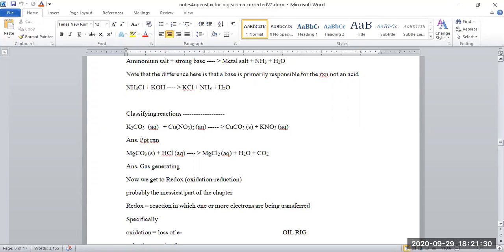So if you take the tablespoon of the magnesium carbonate, it turns into carbon dioxide and water, but also magnesium chloride, which is still aqueous, because magnesium chloride is actually relatively soluble, whereas the carbonate isn't. So that one actually is a somewhat real world reaction.